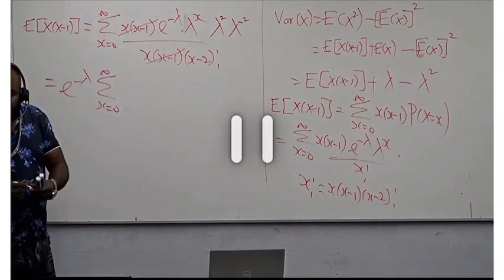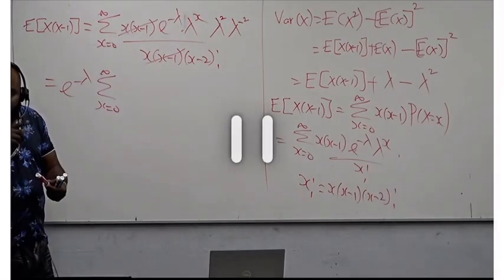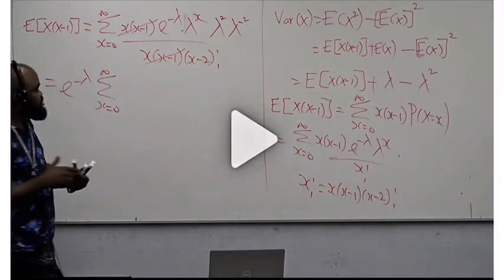The other time I introduced lambda and lambda raised to the power minus 1.